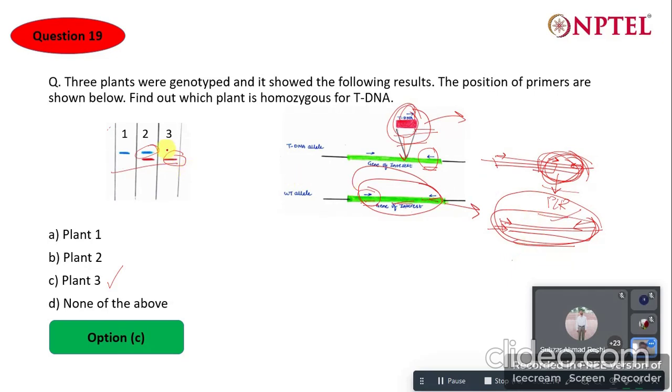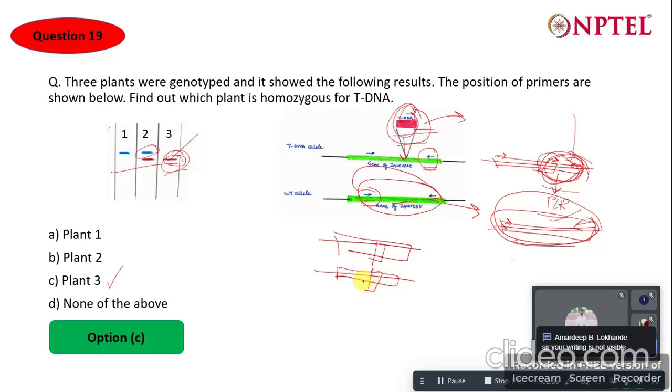And in case of the third plant, only one small band is observed, the red one. That is because in both the chromosomes, if we consider this is the gene, the tDNA is inserted here, and this is the other copy of that gene, and in this also the tDNA is inserted.